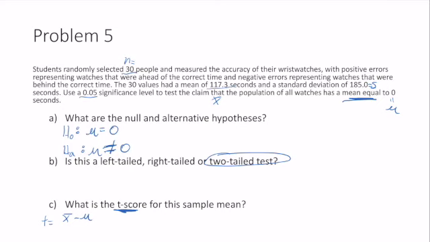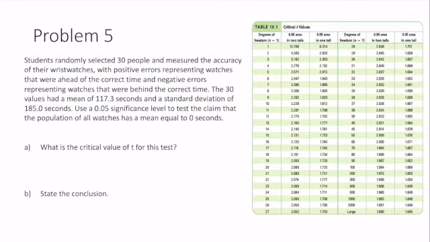Now, I need to know what my critical value for this test is. So I'm going to go ahead and write that my test statistic, my t-score that I found, is 3.479. So my critical value, I have a sample size of 30. So my degrees of freedom, it's going to be 30 minus 1, which is 29. So I go down to 29. Here we are. And I'm looking for the area in two tails.